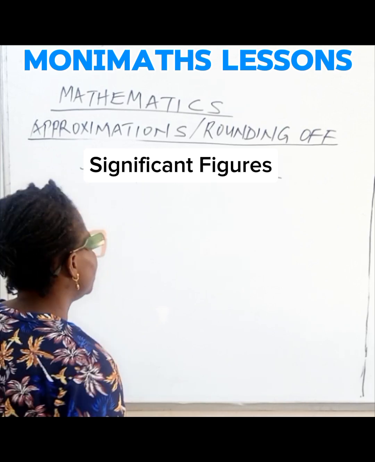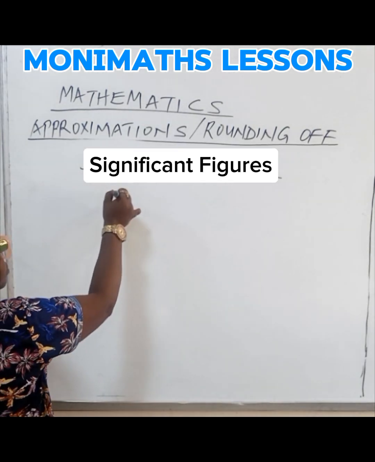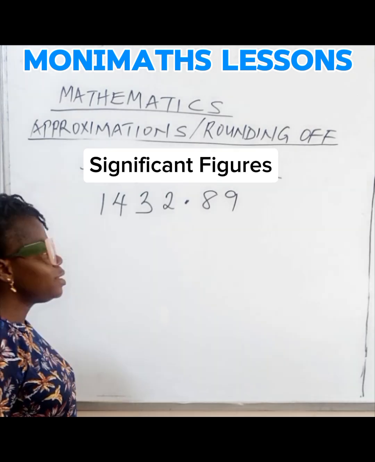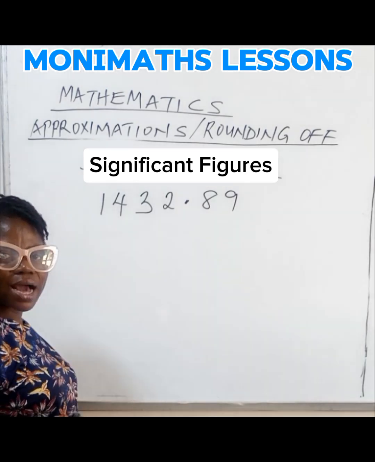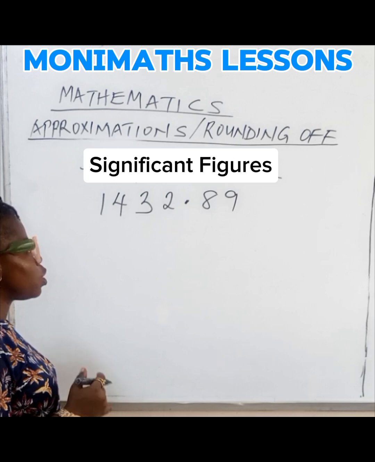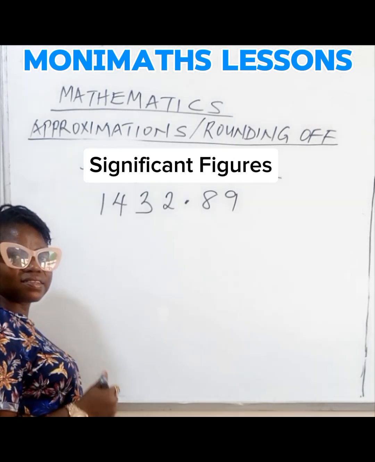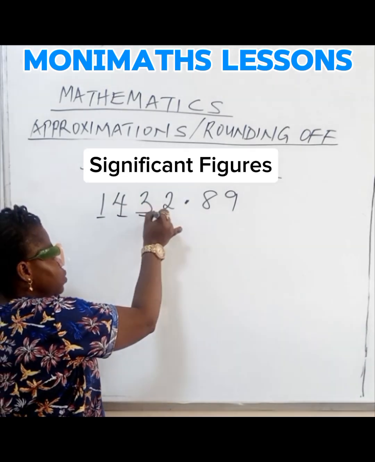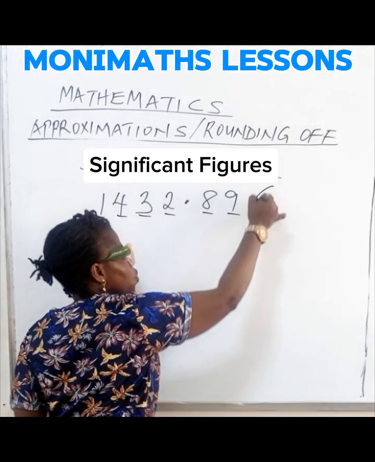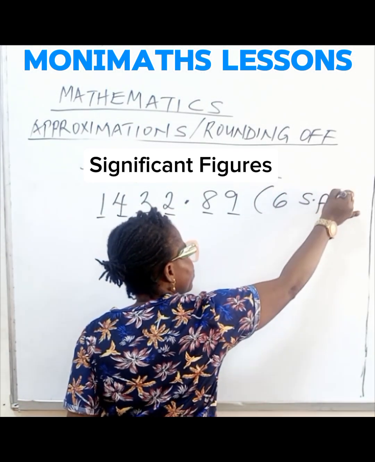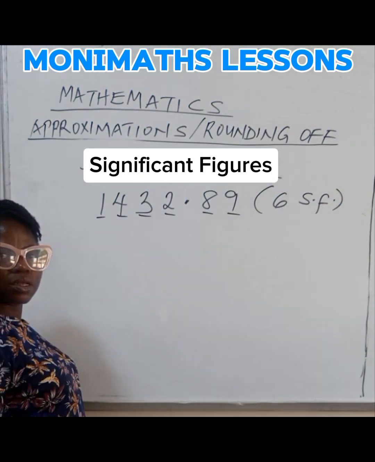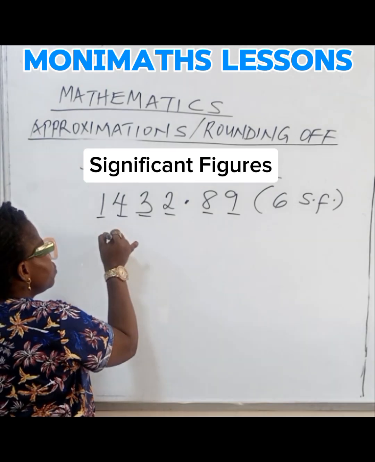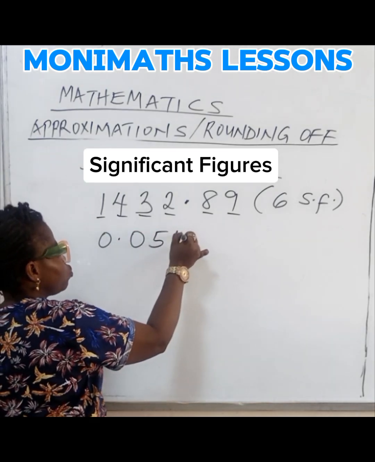For example, if I have a number like 1432.89, it is to 6 significant figures, because from my left, the first digit that is not 0 is 1. So I'll count 1, 2, 3, 4, 5, 6. So this is 6 significant figures. Another number like 0.0512.